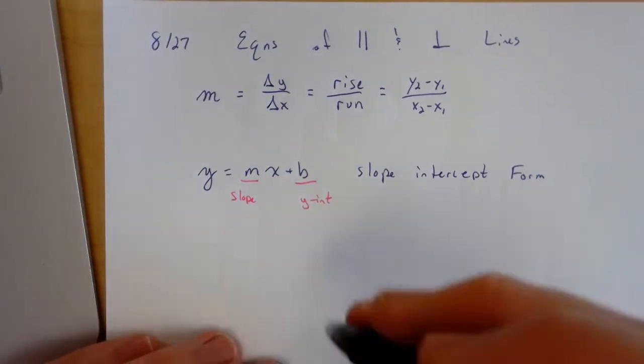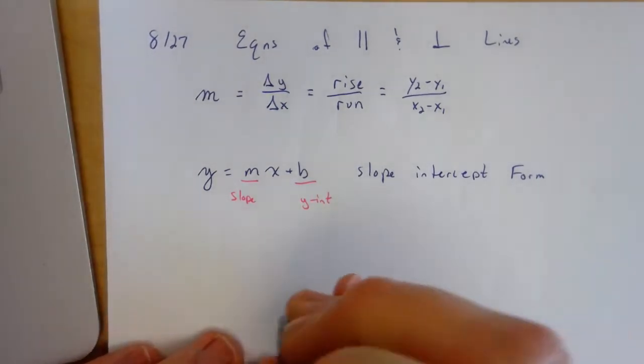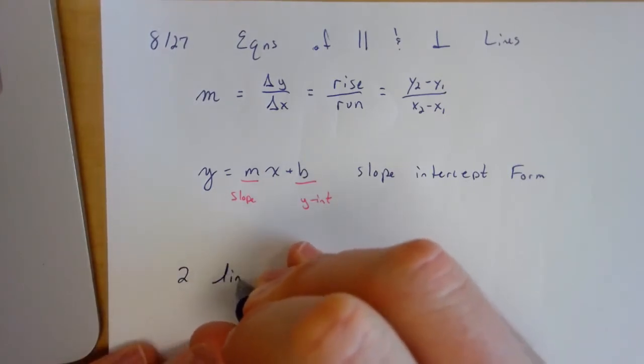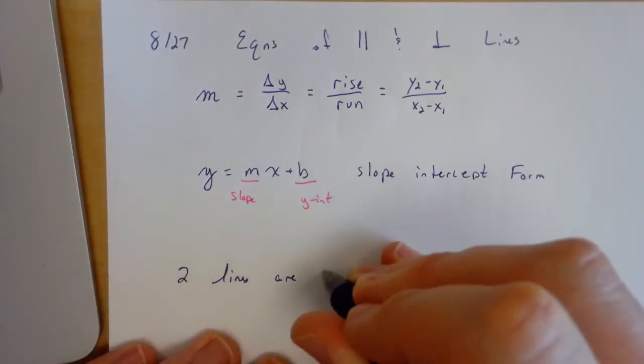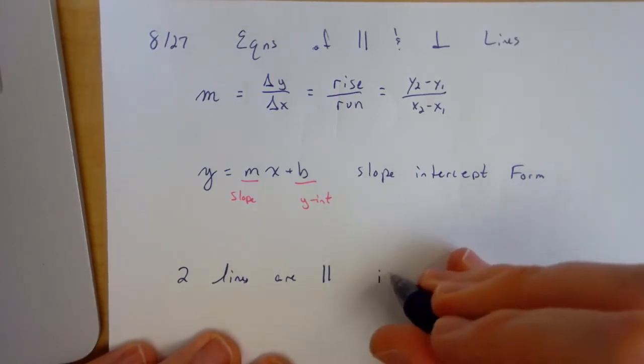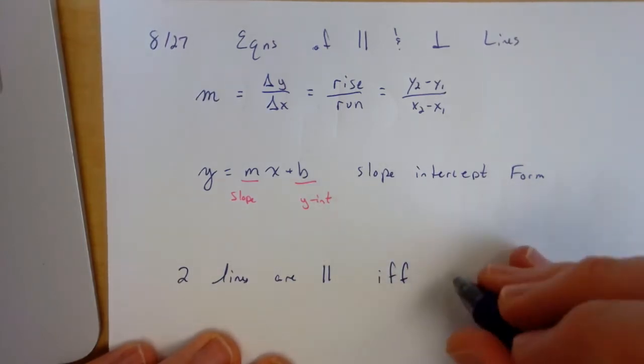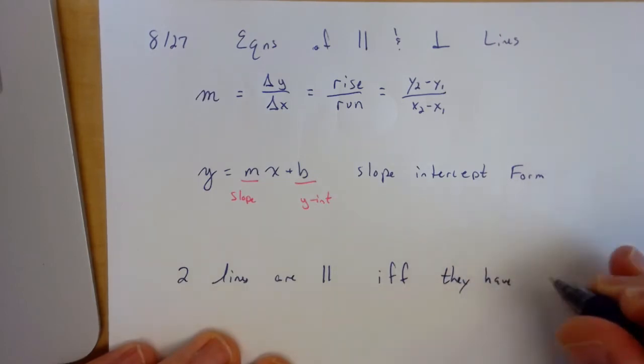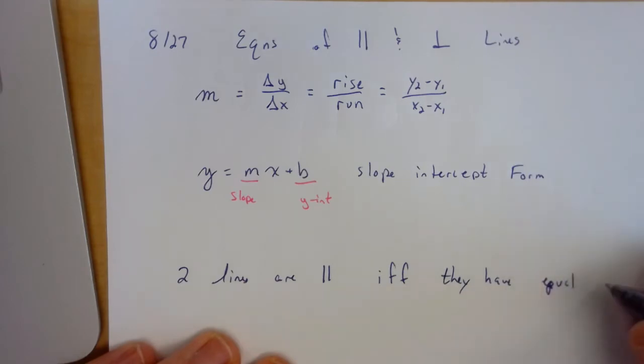Now, I'm not going to go too in-depth with this, but what we should recognize here is that two lines are parallel if and only if they have equal slopes. Sorry, I don't know what happened here.